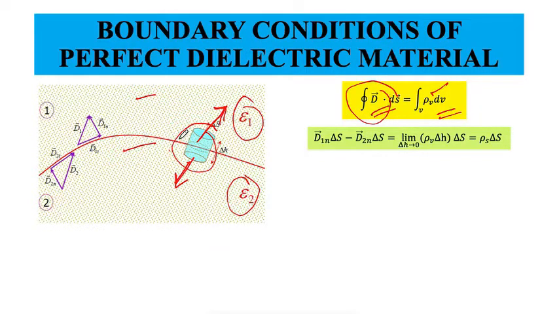Can there be polarization charge, rho sp1 and rho sp2? For a uniform dielectric that we have considered, that will also not be true. So we will not have polarization charge either.